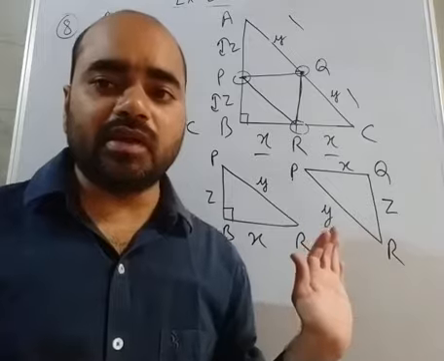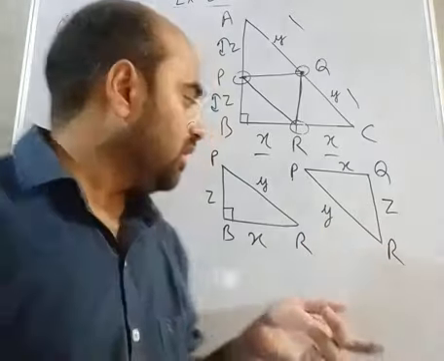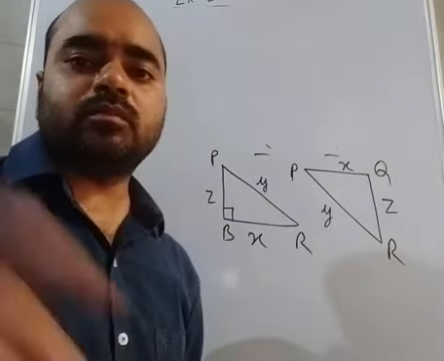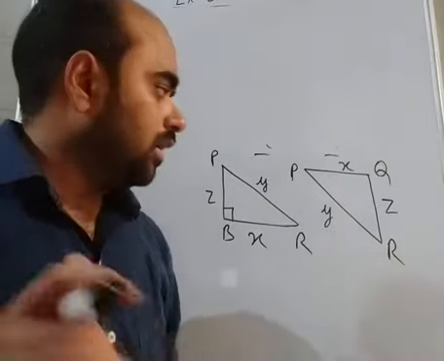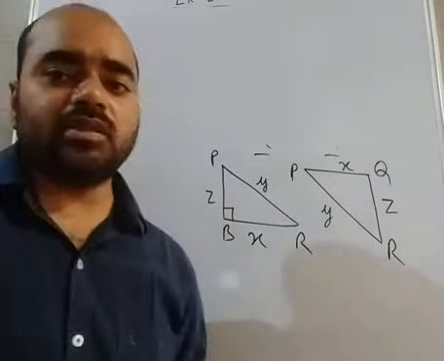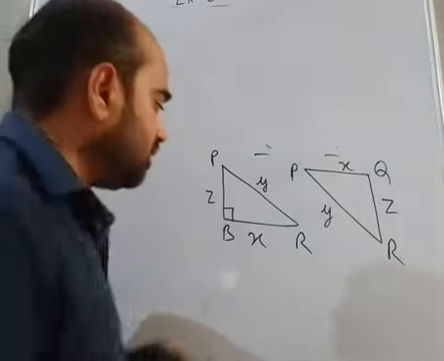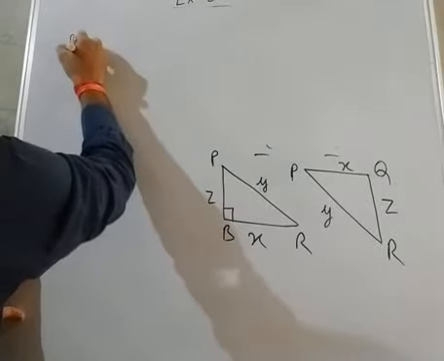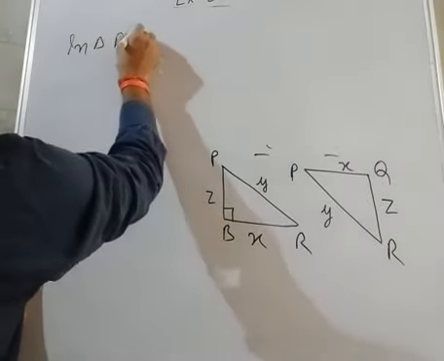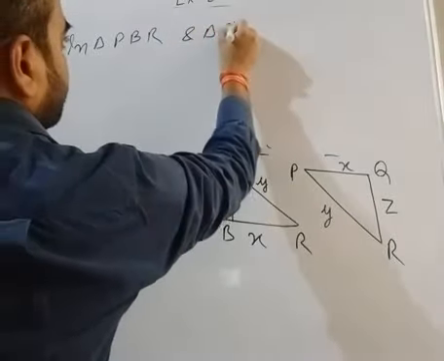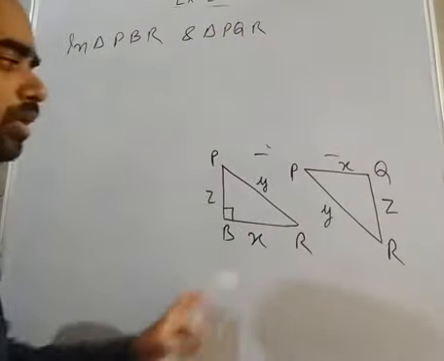Already we have calculated all the values. Now you can see in both the triangles, all the three sides are equal to each other. You can see in triangle PBR and triangle PQR, all the sides are equal.